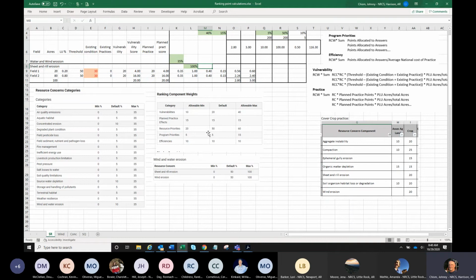So I'm not sure about these numbers. The allowable ranges, like I said, are all set in the national template that's sent out that you base all your EQIP rankings on. So I'm assuming that this is what 2021 was going to be, but I'm not sure about that. It could be different. So the 60 may or may not be accurate.